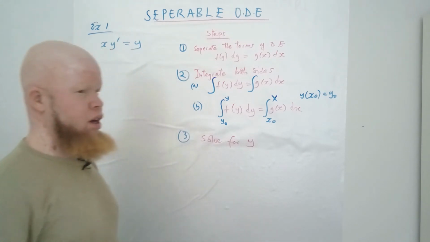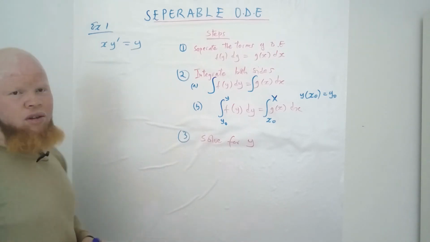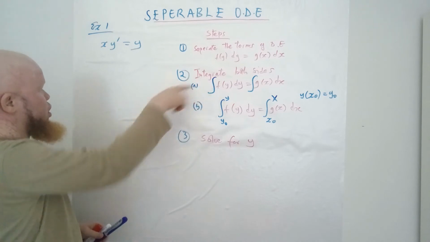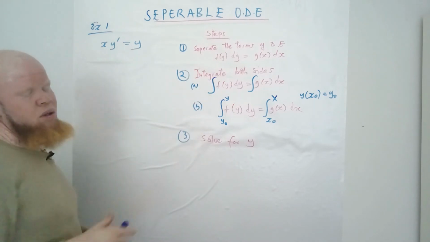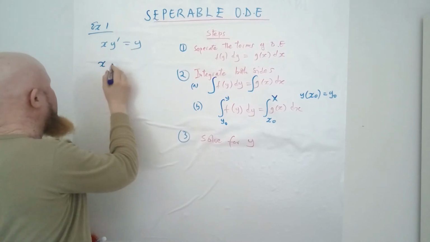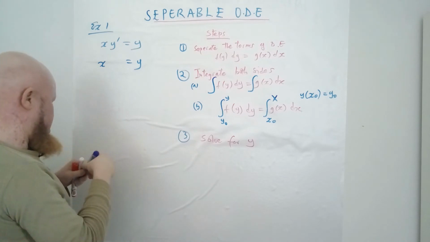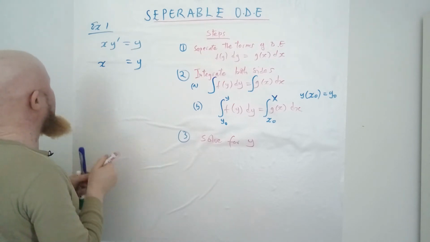As we proceed, what you have to do now is rewrite y prime in the form y prime equals y over x.